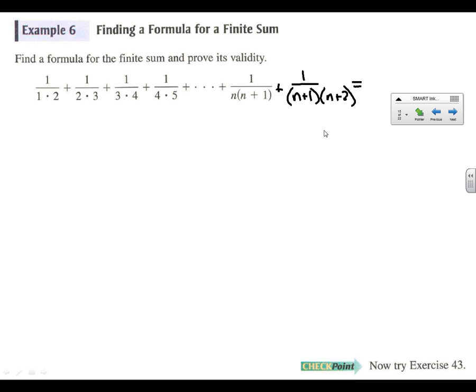Equals, what do we think the formula is? We think the formula is n over n plus 1. So the n plus 1 case would be n plus 1 over n plus 2.